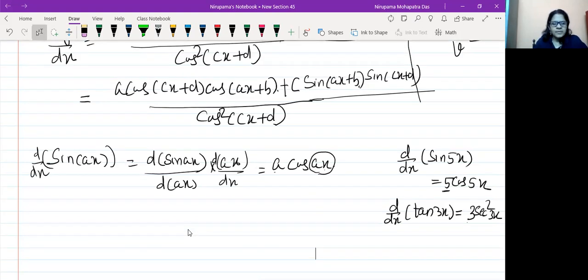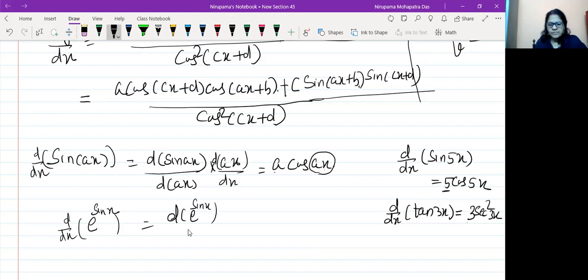Similarly, whenever you have e to the power sin x, the derivative of e to the power sin x with respect to sin x, into the derivative of sin x with respect to x. So we get here e to the power sin x into cos x.